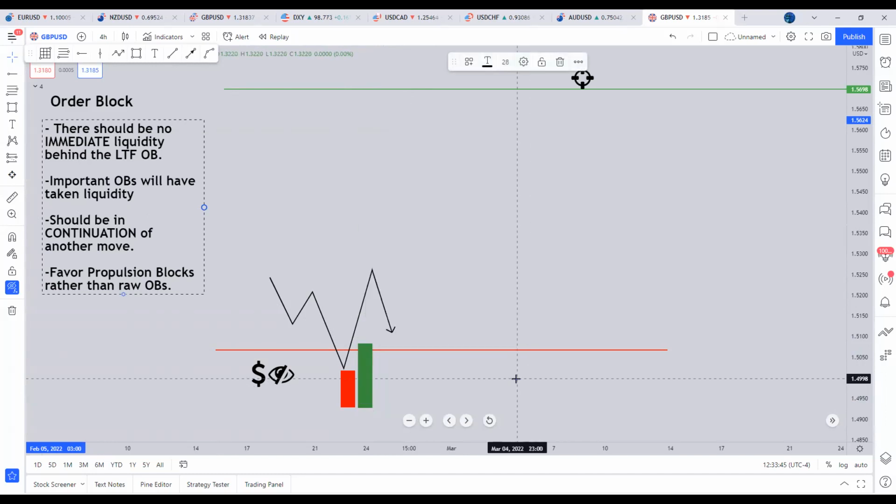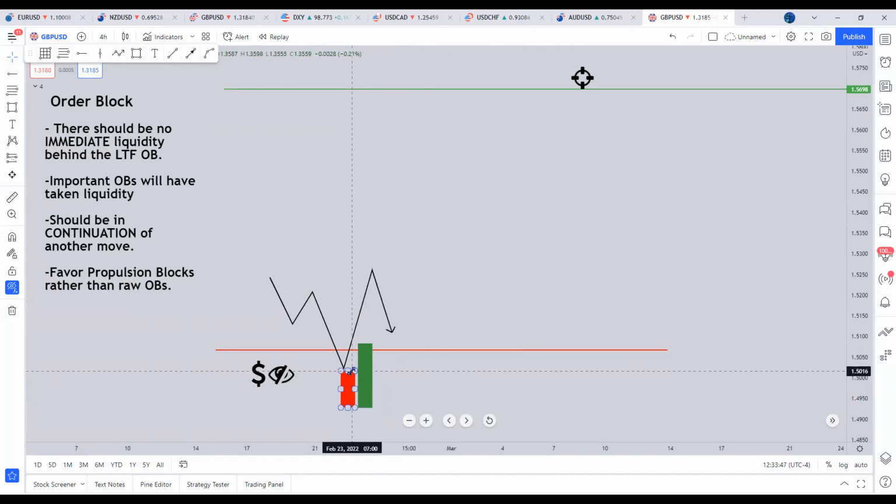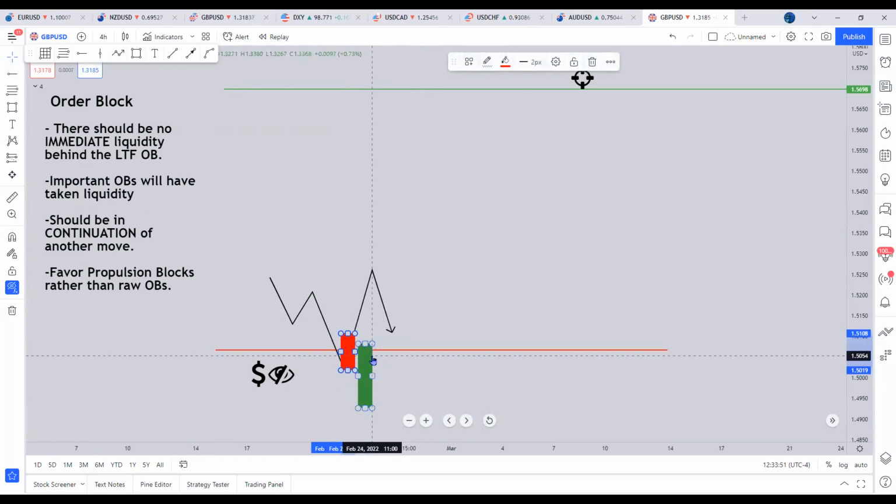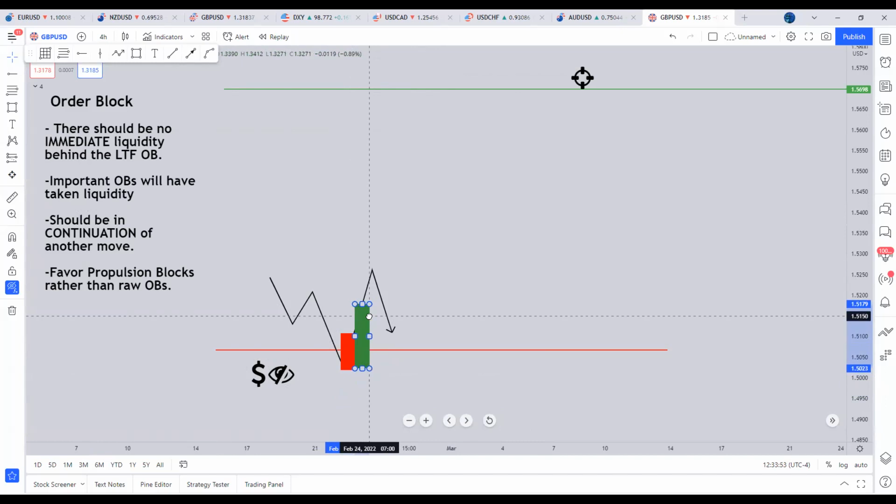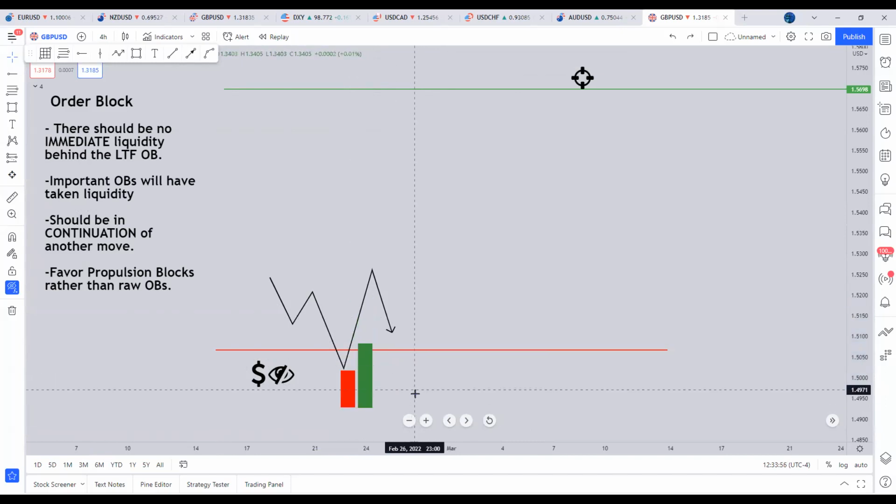Now, what you're aiming for is going to be this rear candle. You will always target the candle that is opposite to the direction you're going.